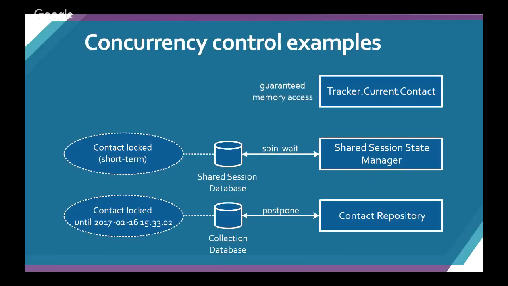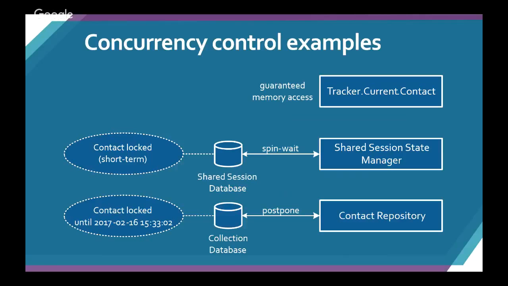And if you're working with a tracker, you're the only one who can access the contact. That means that your current thread has locked the contact in the shared session database. So you're guaranteed access. You don't have to worry about locking. So this is how it was implemented.